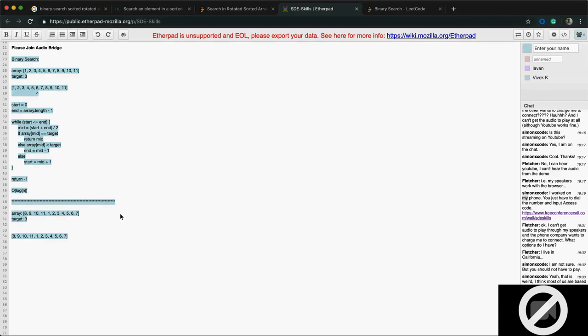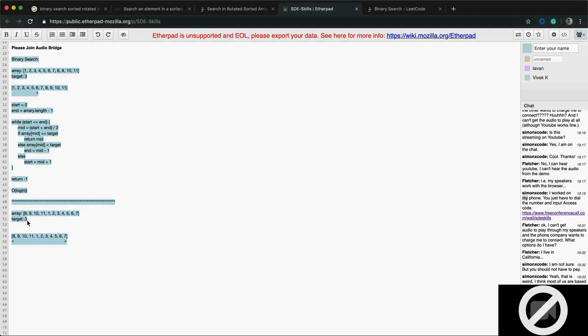So we compare the starting element and the ending element, so we know it's rotated. So here we compared 8 and 7, and the target element. We are comparing if the target is less than the end or greater than the beginning. So based on that, we can apply binary search.